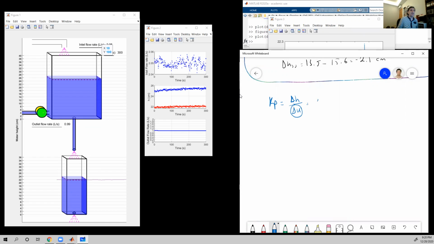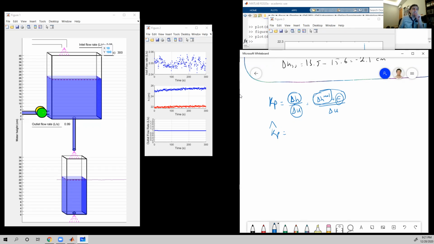So basically we can write it as delta H real plus error over delta U. When we would like to obtain a prediction for Kp hat, what we really need is this value, but what we are really reading is this value: the delta H real clouded by some random additive error.